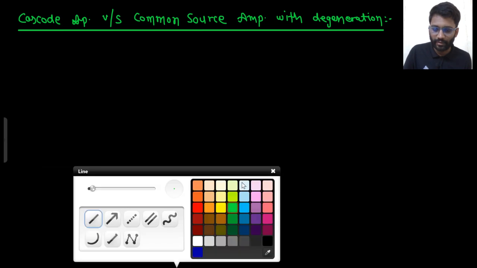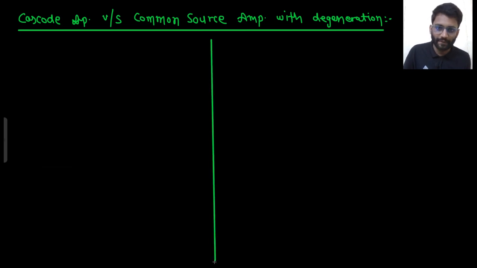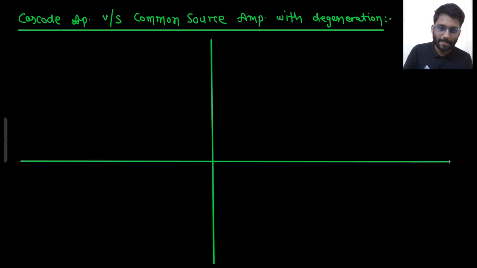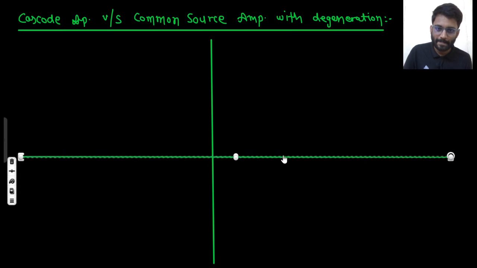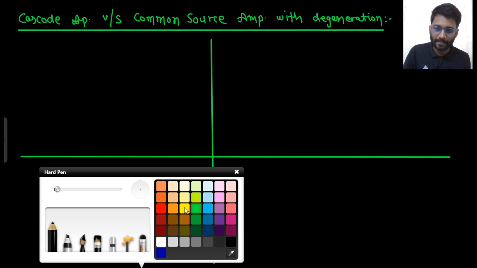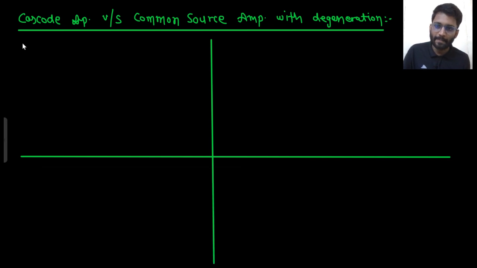I will make a divider. Here I am writing cascode amp.